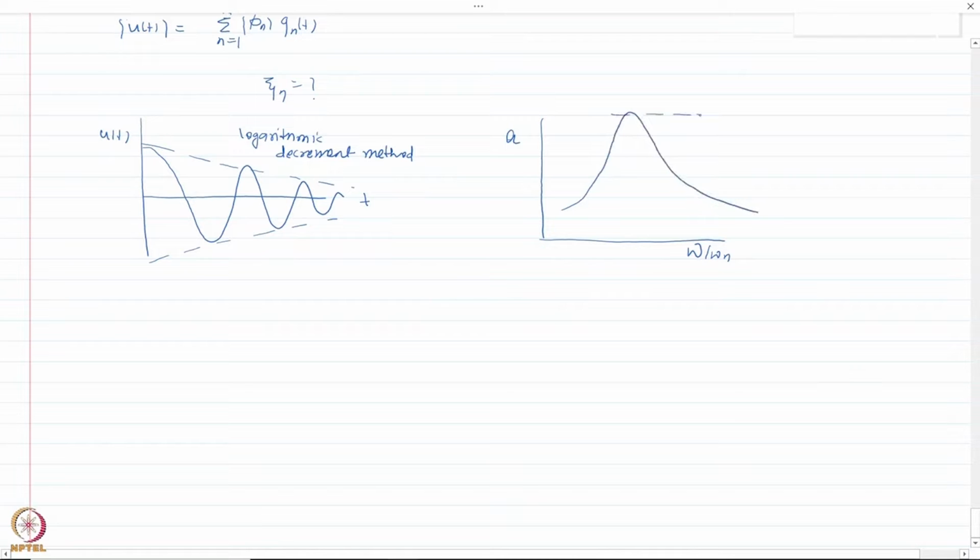Whatever the peak response was, we had to draw a horizontal line at the value r by 2, and wherever it cuts the frequency response curve, we needed to find omega a and omega b, and utilizing these, damping could be determined. This was called the half power bandwidth method.